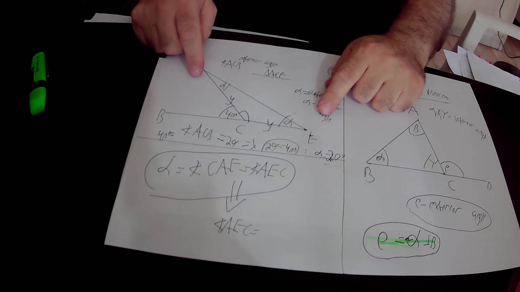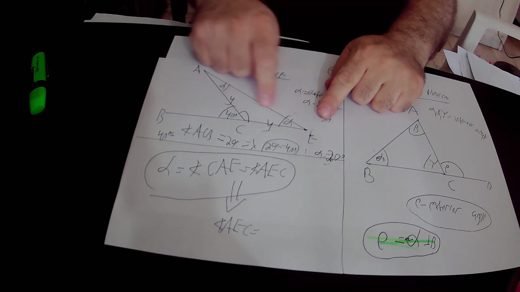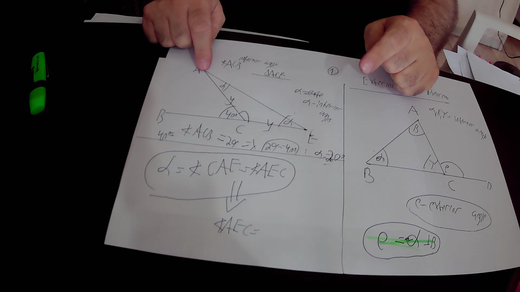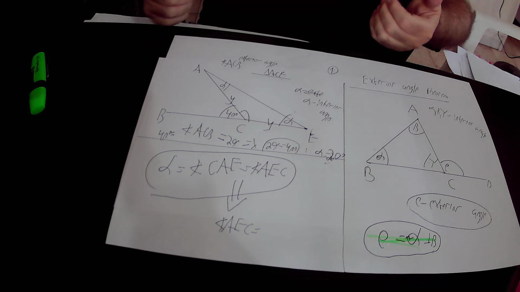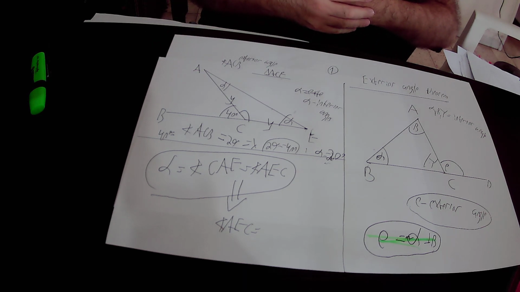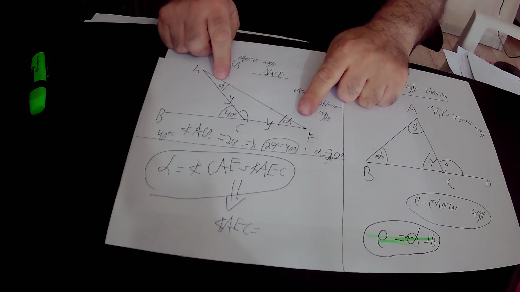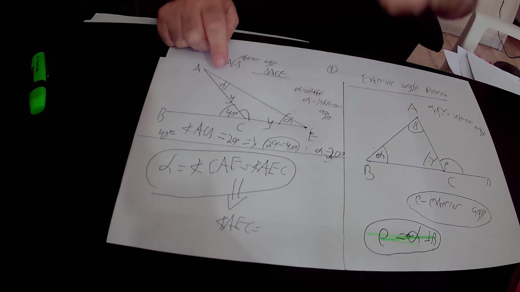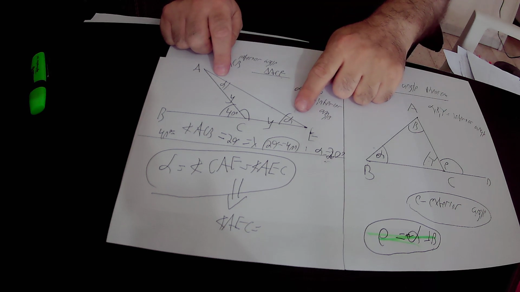Here, side AC equals y, side CE also equals y, therefore those two sides are equal to each other. And we know that in front of equal sides in the triangle, there are equal angles. So those two angles must be equal to each other because they are located in front of equal sides. So if one angle is alpha, then the other angle must also be equal to alpha.